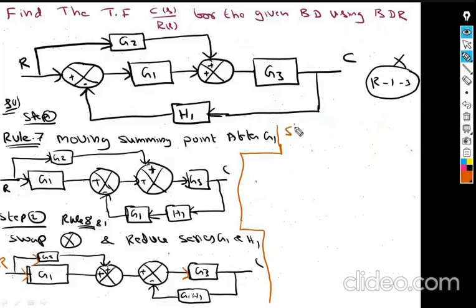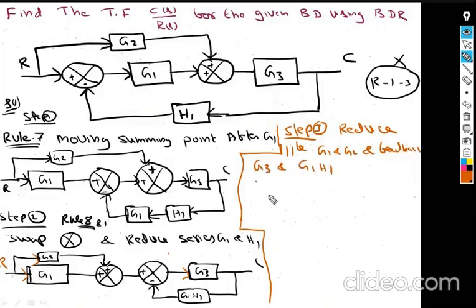So step number 3 is to reduce any parallel blocks, which are G1 and G2, and feedback blocks. The feedback blocks are G3 and G1 H1. Reducing, you will get the resultant block.